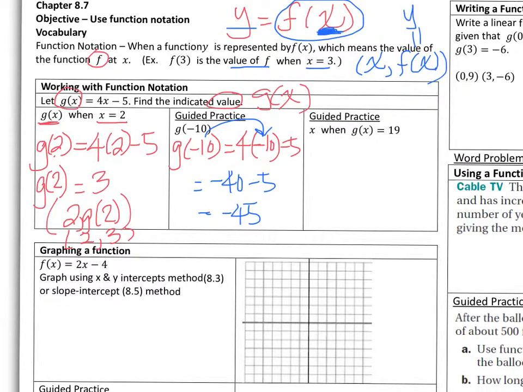Now, what if I give you the value of g of x as 19, and I want you to find the x coordinate? Still do the same thing. g of x equals 4x minus 5. g of x is 19.